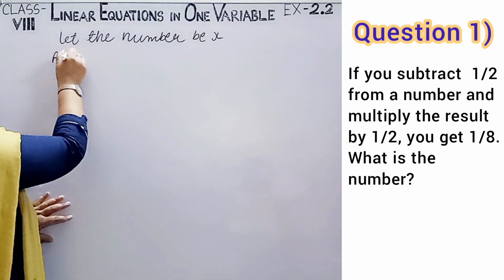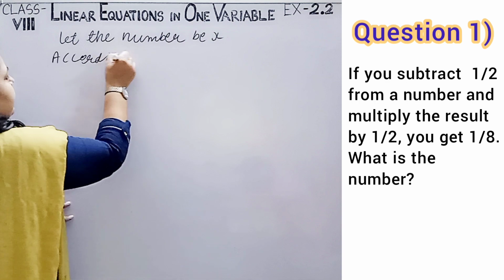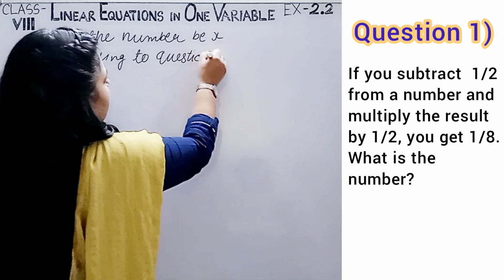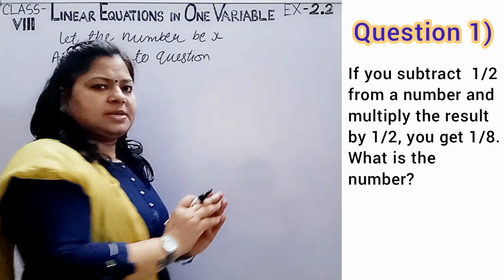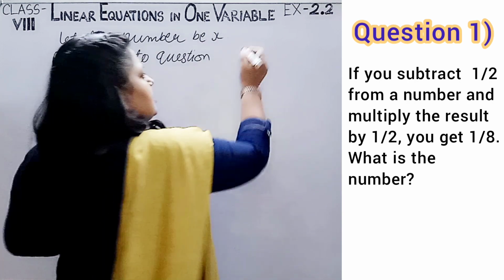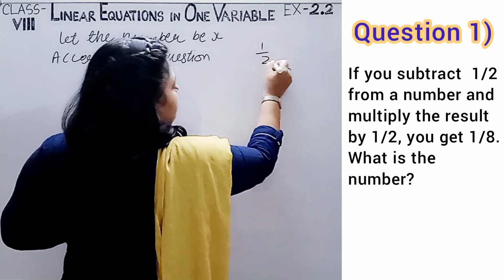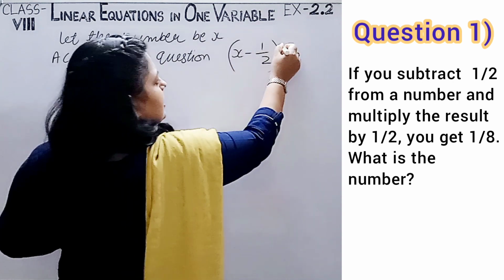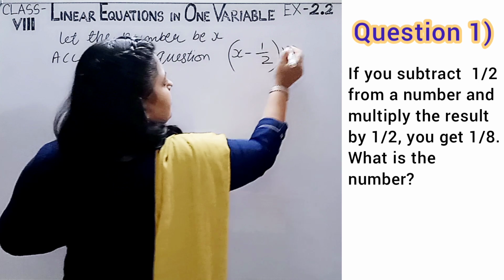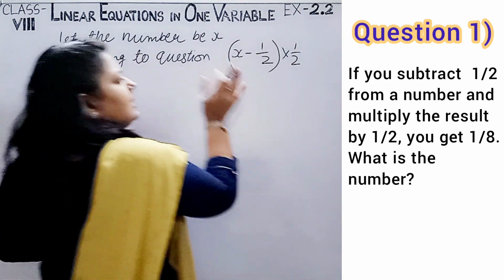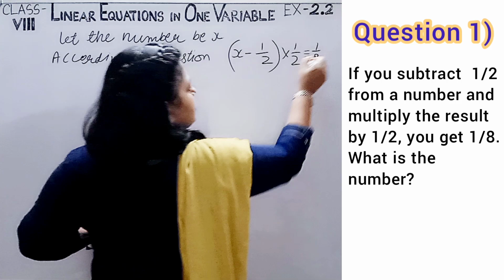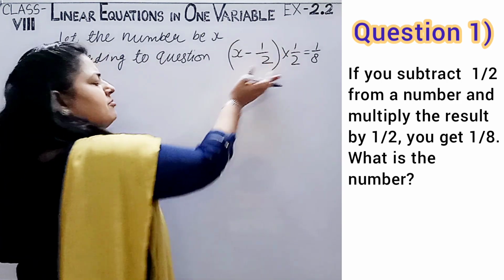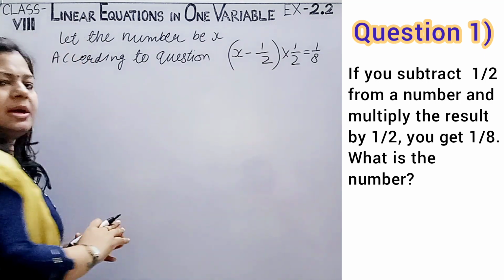Now according to the question, we have to subtract 1 by 2 from x, and multiply this term with 1 by 2, and we get the result 1 by 8. So this is our equation and we have to solve it. From this equation we will get the value of x, and x will be our number.